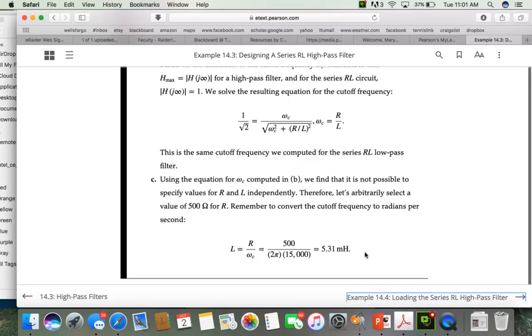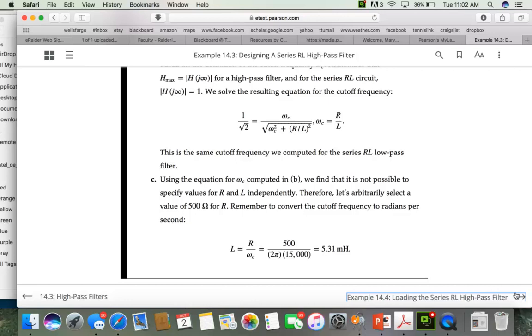So often you will find the L's that are available, and then you'll solve for R because it's a little easier to find a resistor of various values. So in that regard, this particular design problem example is maybe not the greatest, but it's not terrible. So anyway, that's how you would work a design problem for a series passive RL high pass filter.